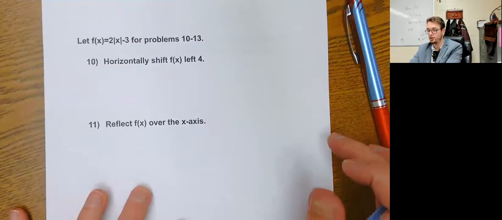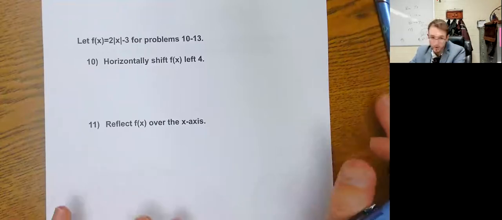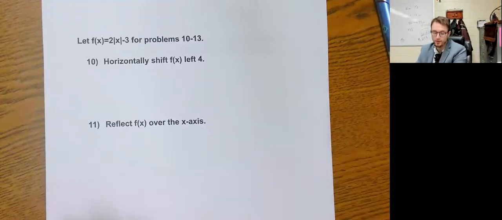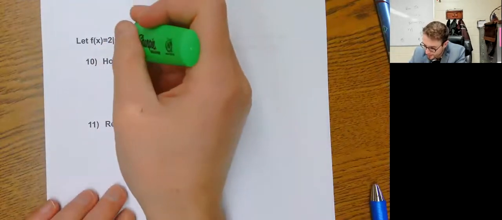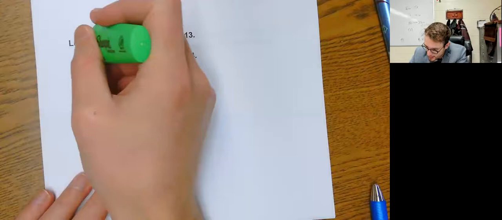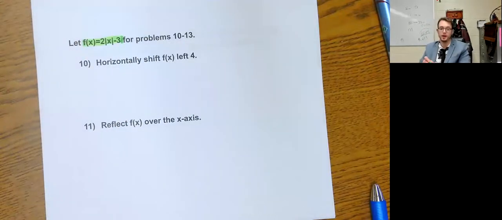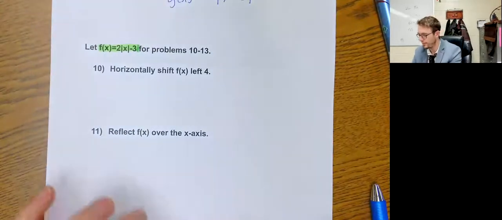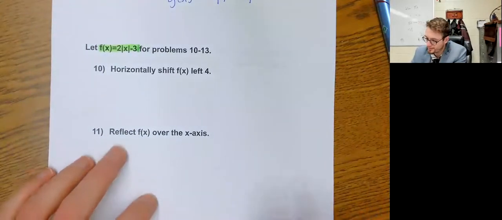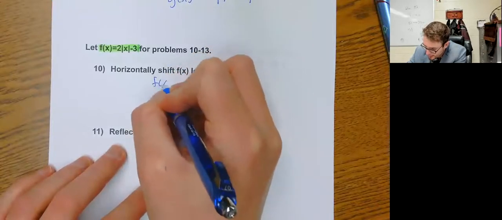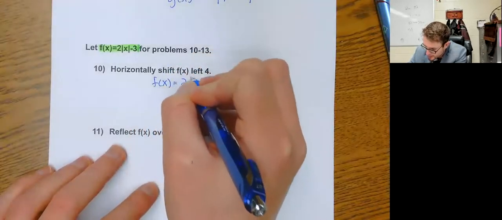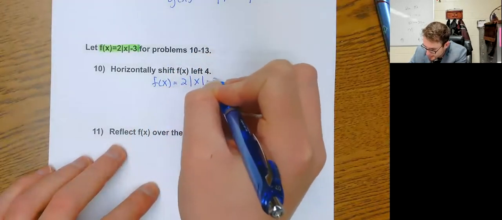Now it's going to get a little more intricate. We're not dealing with a parent function. We're dealing with a function that's already kind of been transformed. And that is going to be f of x equals 2 absolute value of x minus 3.